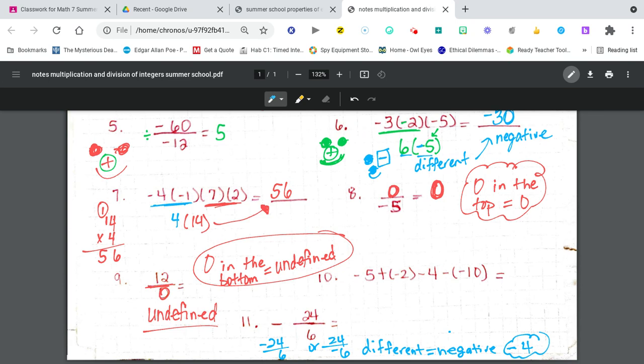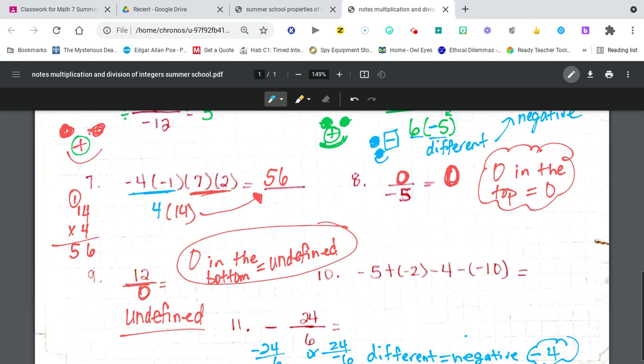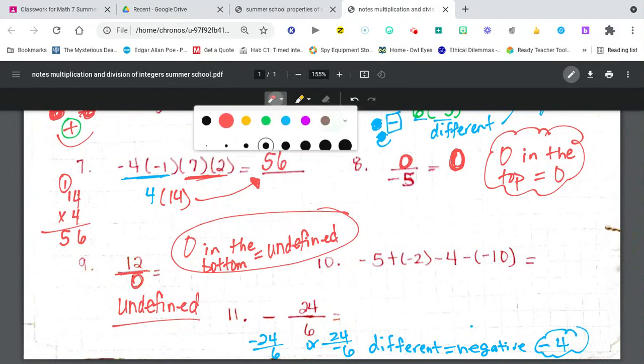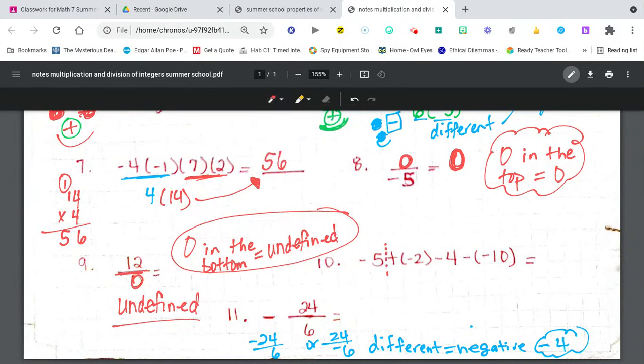It'll still work out. All right, 10, I wanted to do it last because it's not multiplication or division. I need to see if your minds can jump back to addition and subtraction. If it's addition or subtraction, you can kind of look at these separately by drawing the little bars in between. After every number, draw a little bar.